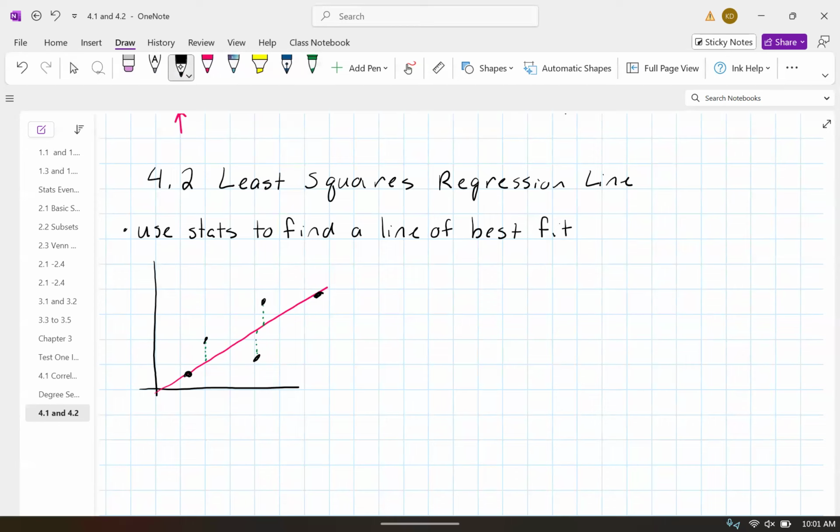It's called the y-error, or it's also called the residual. That's how much our data value is off of our line. We can also compare it to the mean, where it should be.